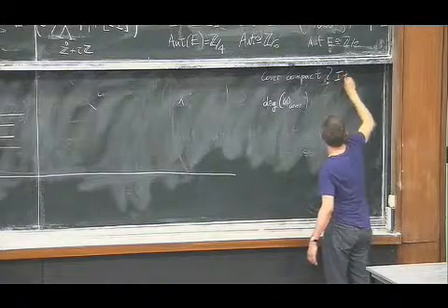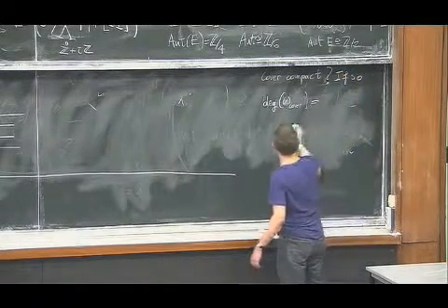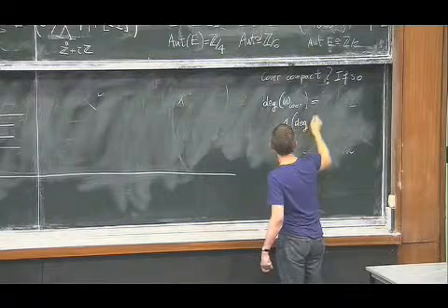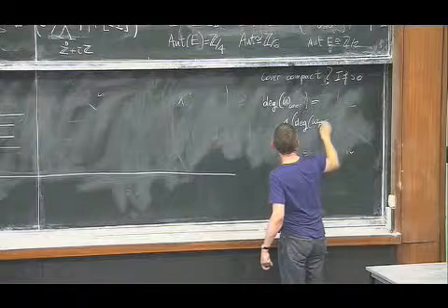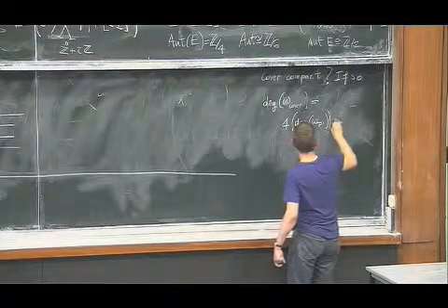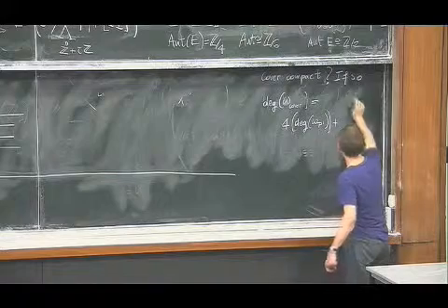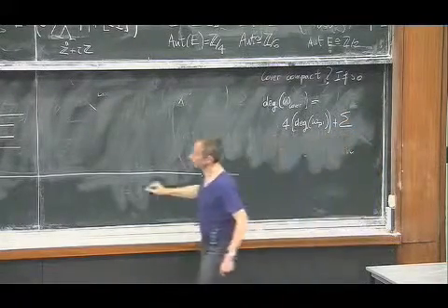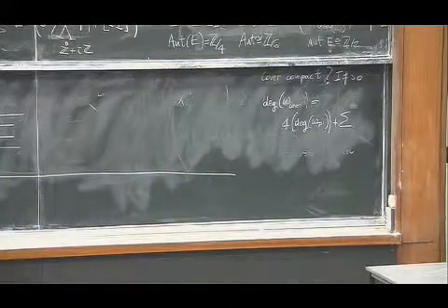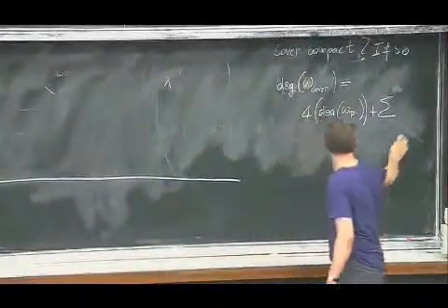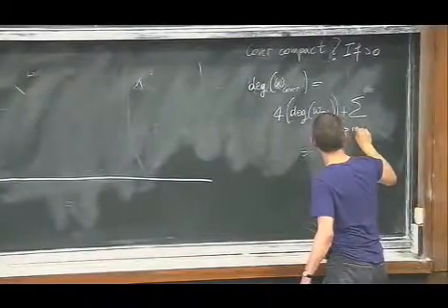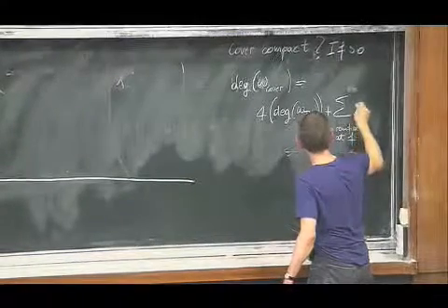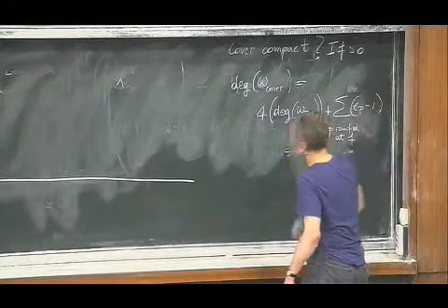So if it is, the degree should be 4 times the degree of omega P1 plus the sum over the ramification, the points where this forgetful morphism F is ramified, and this formula.